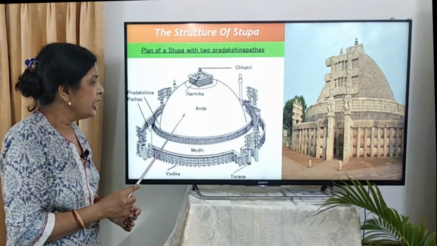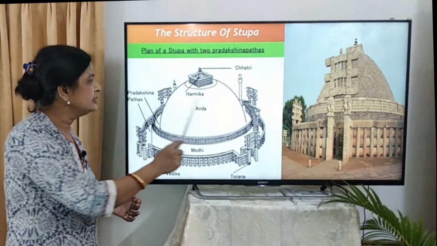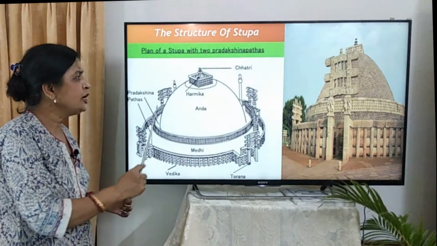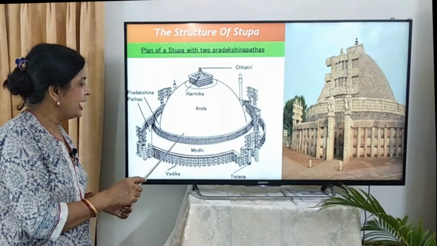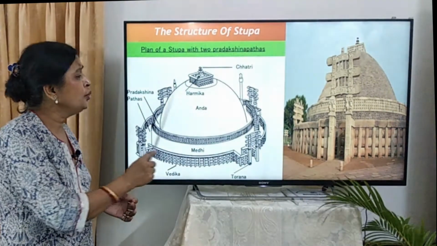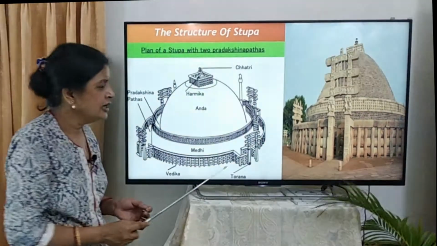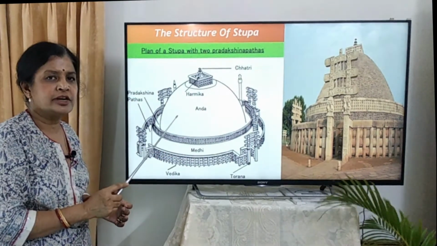After that, it provided the people a way to go around it and have a complete view of it. So they provided two pradakshina paths, one at a higher level and the other at a lower level. Children, it is a huge structure at Sanchi, which people take time to walk around.